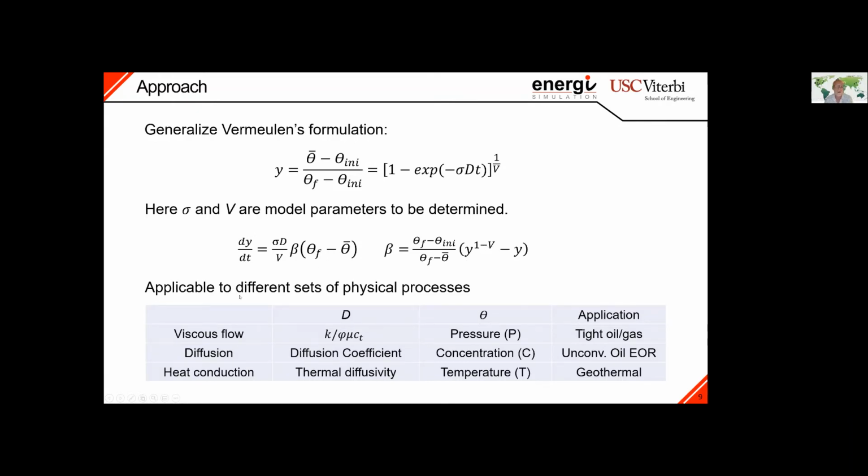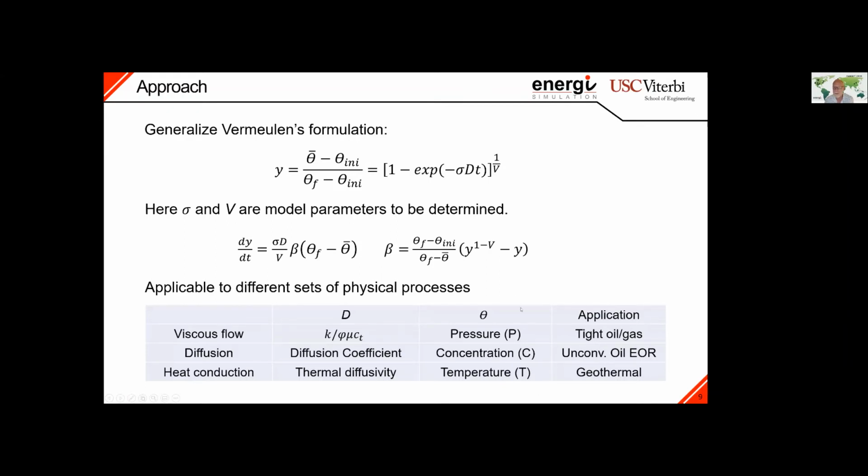Okay? Now, this type of transfer function can be applied for a range of physical processes. For viscous flow, D would be defined based on permeability, porosity, viscosity, and fluid compressibility. If you had a diffusion process, well, we have a diffusion coefficient. If you have heat conduction, we have thermal diffusivity as well. And this is just showing the value of the parameter as represented up here.